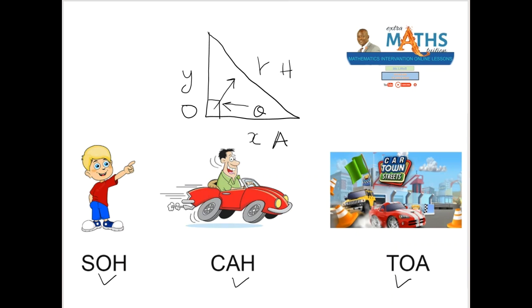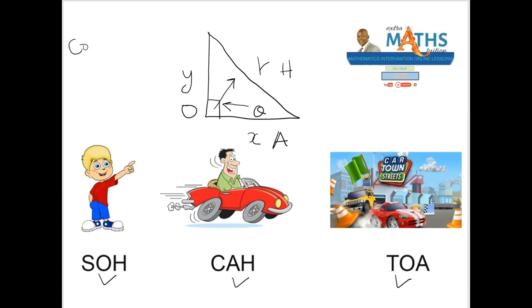Let us conclude now. Our sine theta will be equal to the opposite side over the hypotenuse side. And please, guys, just start by naming your sides. Opposite over hypotenuse, which is what? Y over r. Then you go further to look for your cos theta.